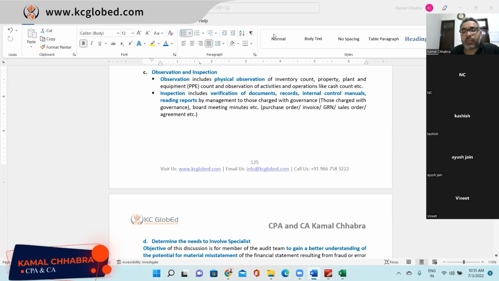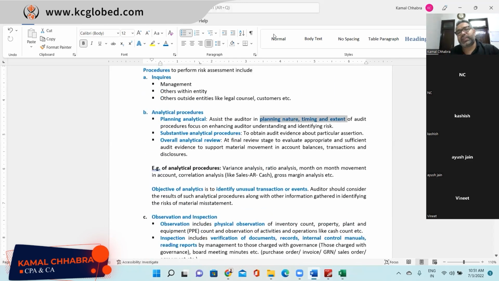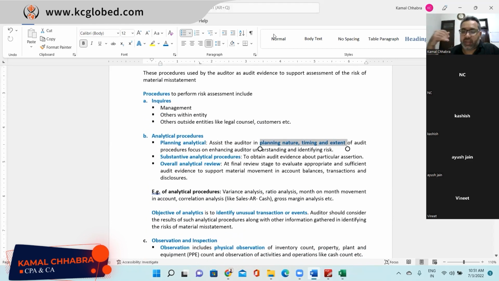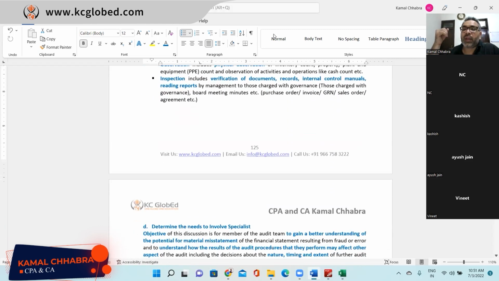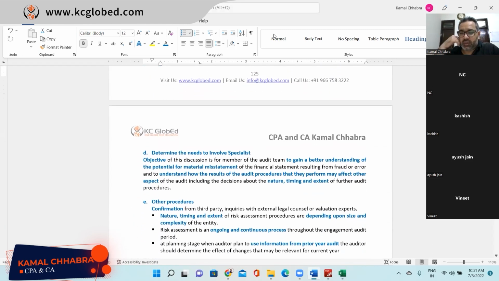And then determine the need for the involvement of specialists. So when you are doing the risk assessment process, first you will be doing inquiries, then analytical procedures, third you will be observing and doing inspection, and wherever needed you can request or involve a specialist. A specialist can be your management specialist or your auditor specialist, right?